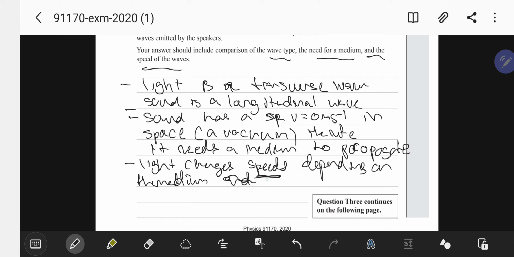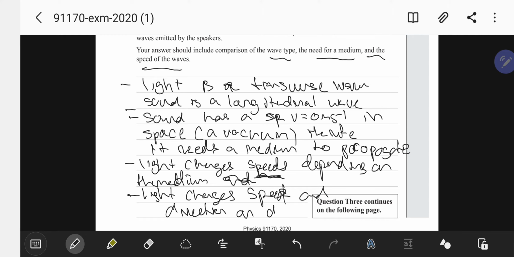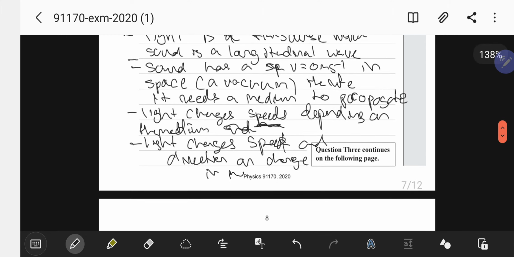I'm not too sure. So light changes speed and direction on change in medium.